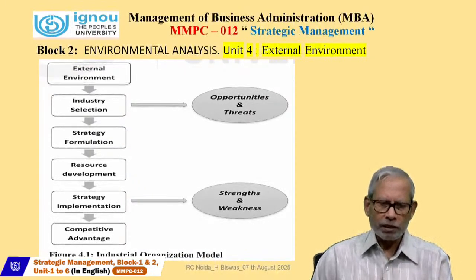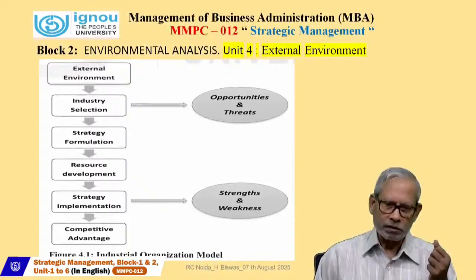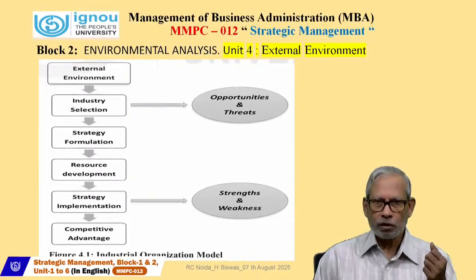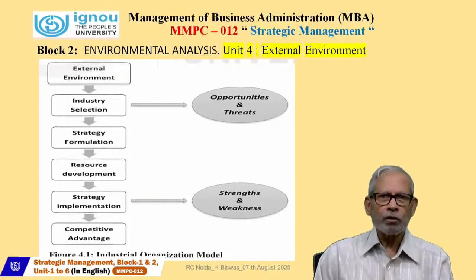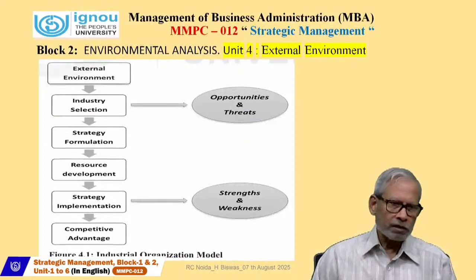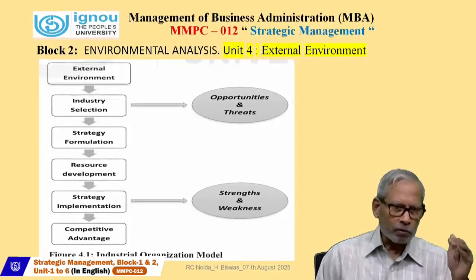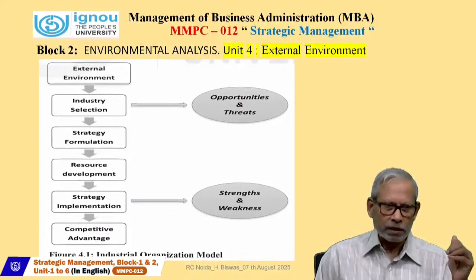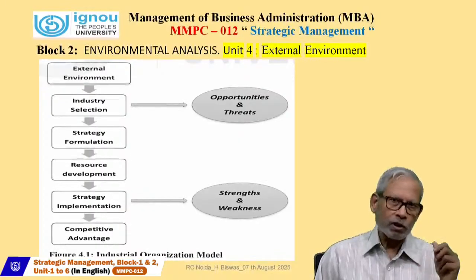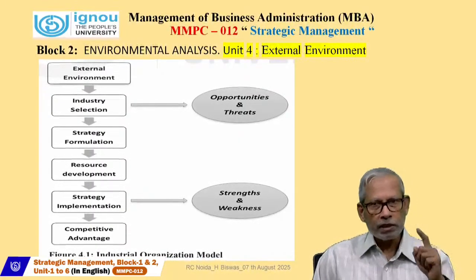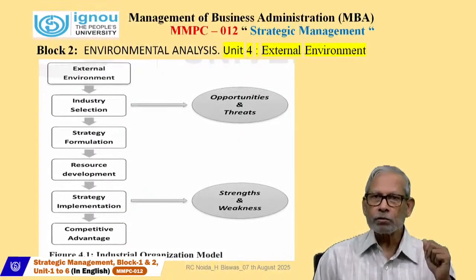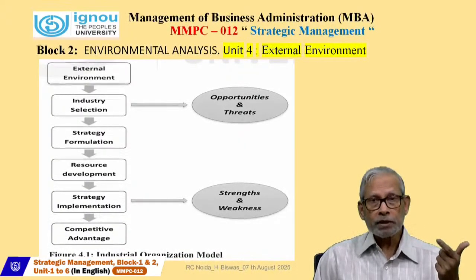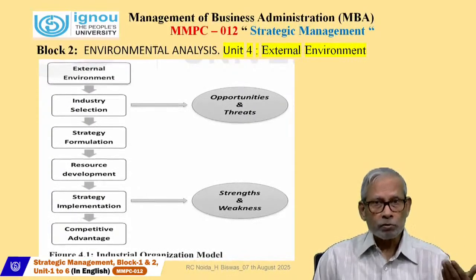From there you can get what are the strengths in the organization and what are the weaknesses in your organization. So, if you analyze all these things from the external environment, then your industry selections, what type of business you are really going for, if really it is a need or not, demand is there or not, and it will be accepted by the local people or not, how much your social responsibility is there or not.